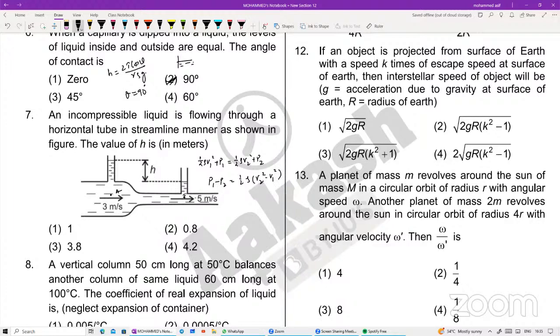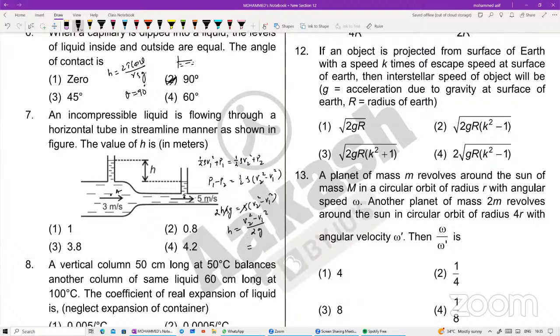So P1 minus P2 I can write in terms of H rho g, which will be equal to half rho into V2 square minus V1 square. Rho and rho will get cancelled. So we need to calculate H. H equals V2 square minus V1 square divided by 2 into g.